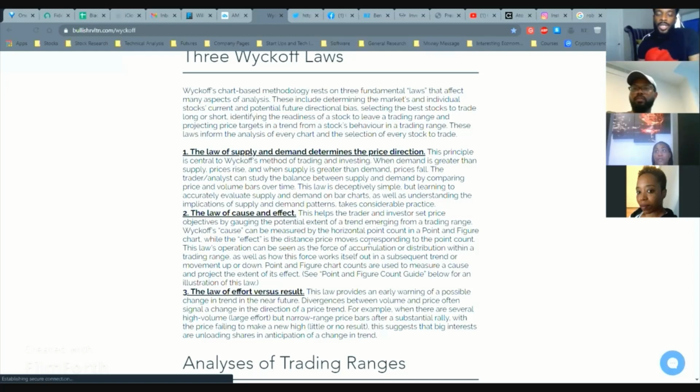And what that means is that when you have divergence, where there's a large price increase but not enough volume, or a large volume but no price increase, then there's been an exhaustion of demand or supply.